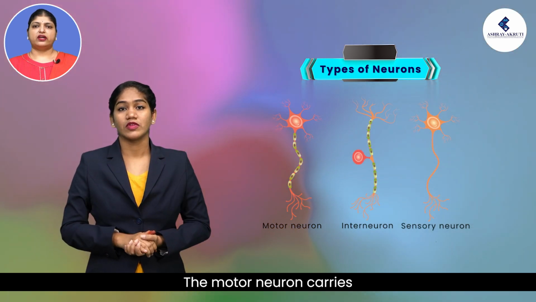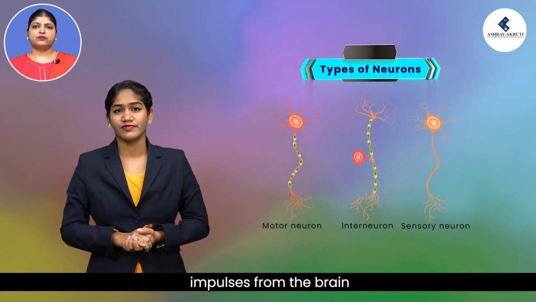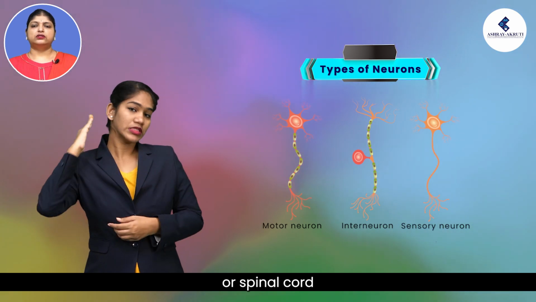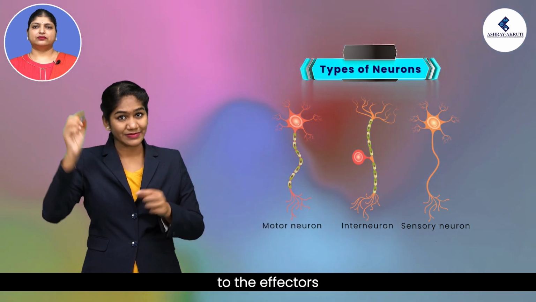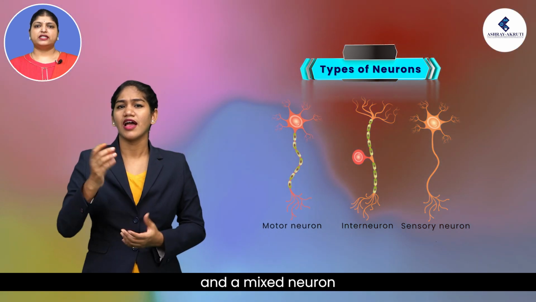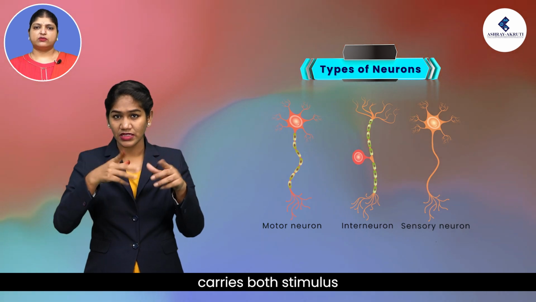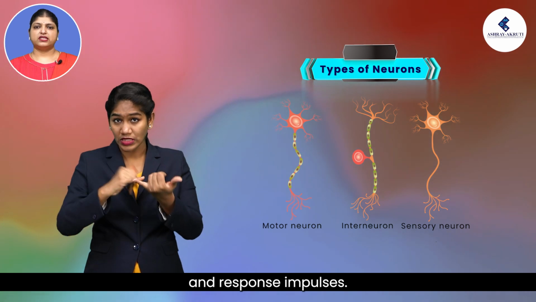The motor neuron carries impulses from the brain or spinal cord to the effectors, and a mixed neuron carries both stimulus and response impulses.